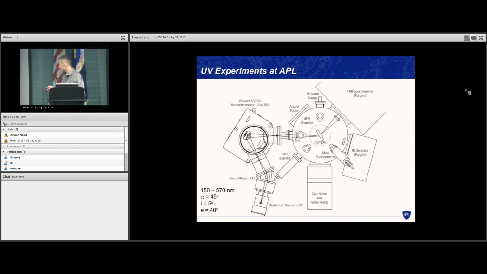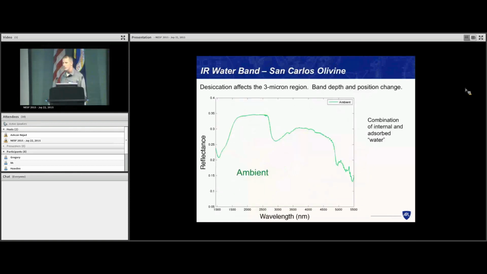We have to rotate the sample between the measurements. This is the path for the UV, showing it reflecting off the sample and detected by the PMT. And the IR is reflecting off the sample and being collected by the MCT detector, liquid nitrogen cooled. So let's go through some spectra real quickly.